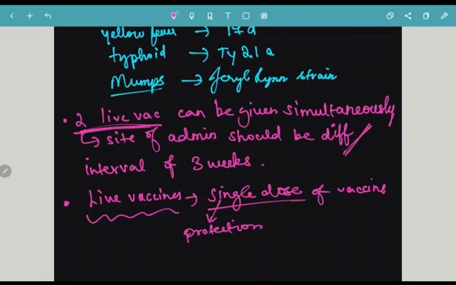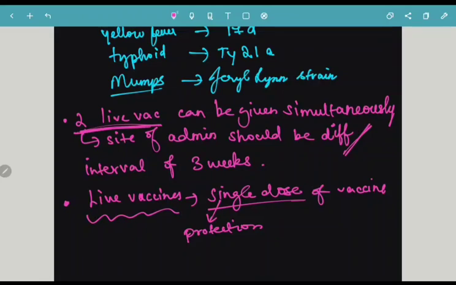So one example of live vaccine is what? Tell me some one live vaccine. So say suppose measles vaccine, even a single dose is enough to protect around 95 to 98%. So when do we give the second dose then? Just to ensure 100% of persons are going to be immune.